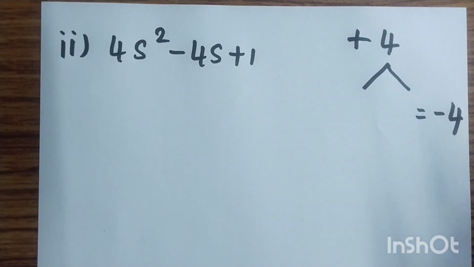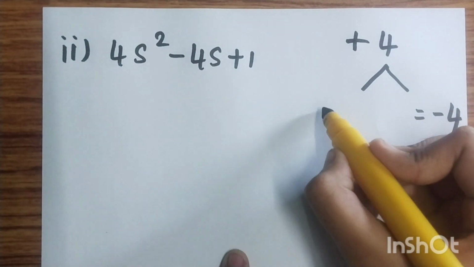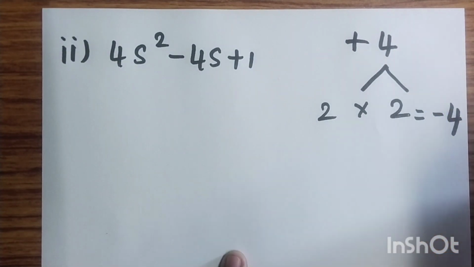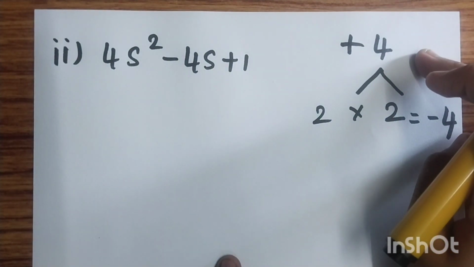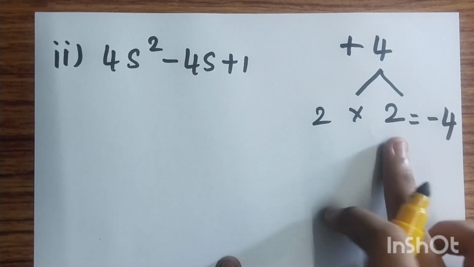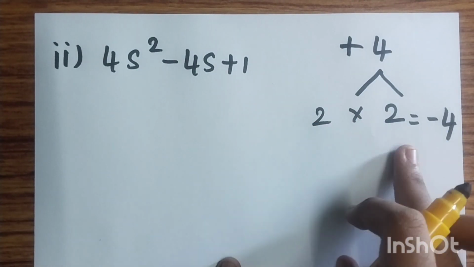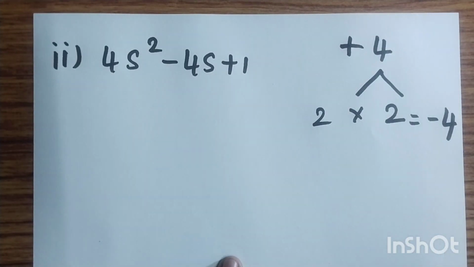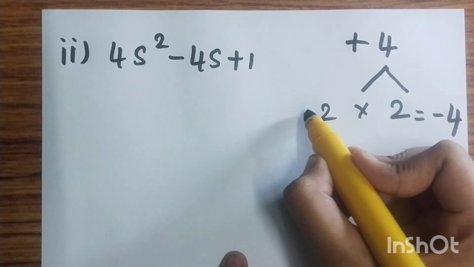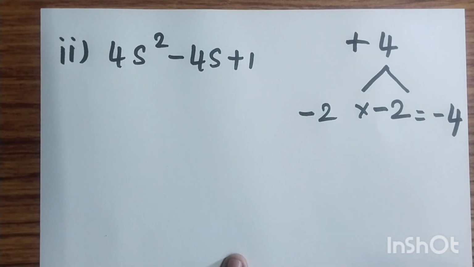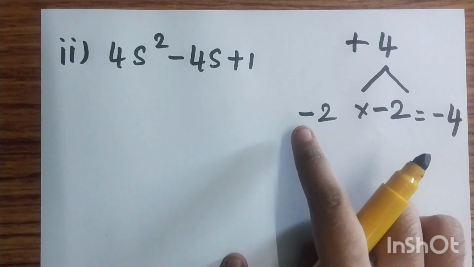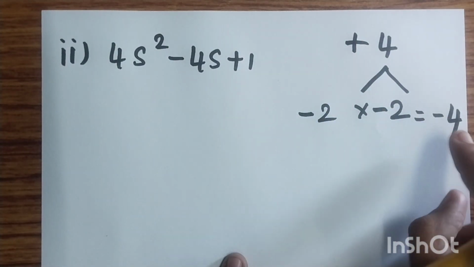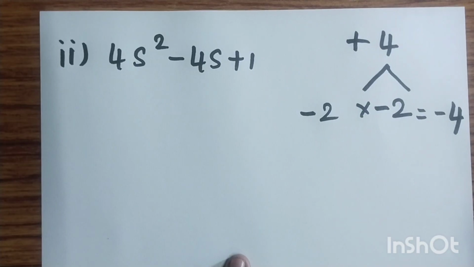So instead of 4 table, I can go in 2 table, right? So 2 into 2 is plus 4. But if I simplify, I'll not be getting minus 4, instead only plus 4. So I can just put here minus sign, right? So minus into minus is plus, and minus and minus will be minus in simplification form.